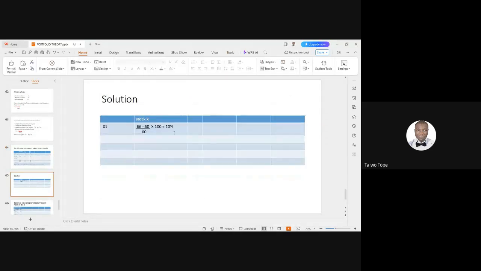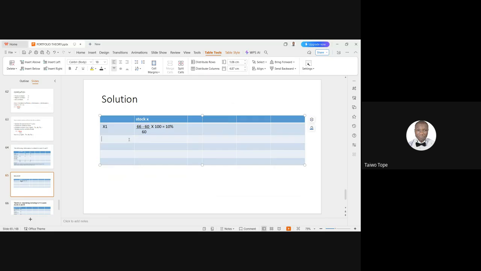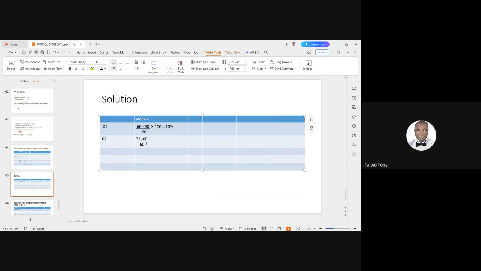What will be your expected return? 72 minus 60, divided by 60, multiplied by 100, equals 20%.